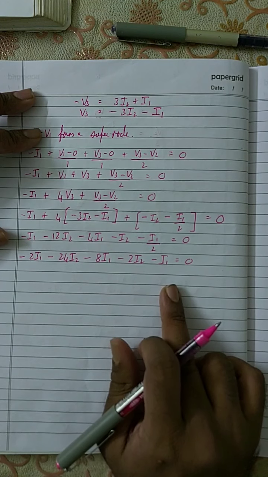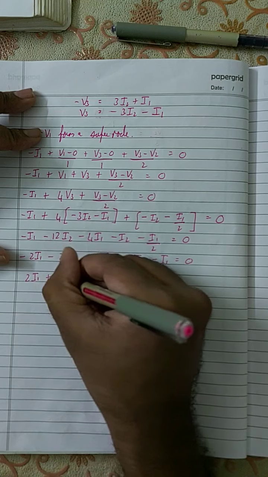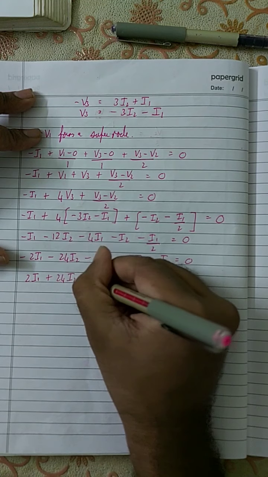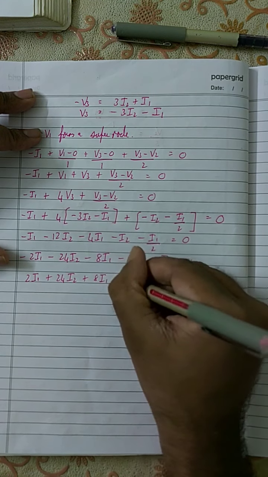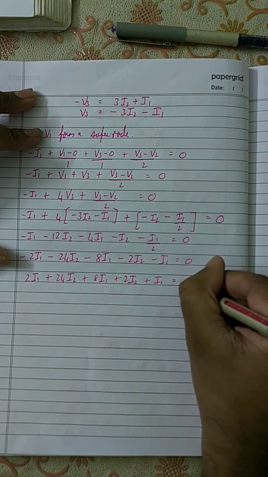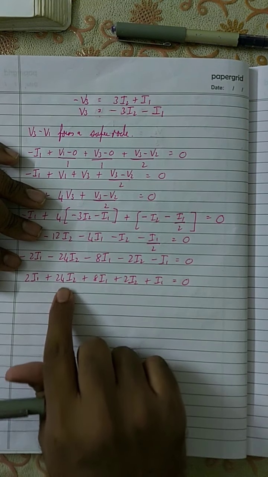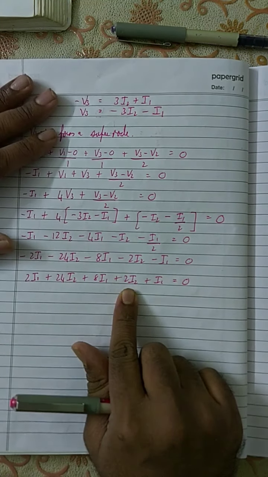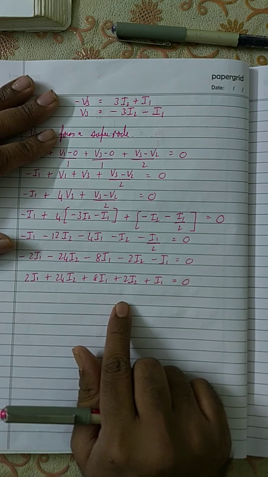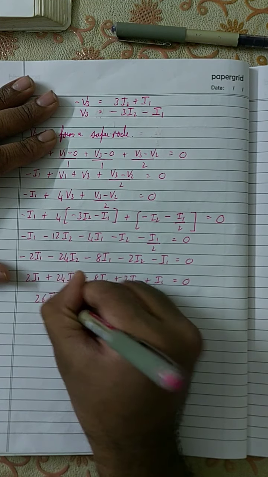Every term is minus, so I can make every term plus, right? So this will become 2I1 plus 24I2 plus 8I1 plus 2I2 plus I1 is equal to 0. That's it. So in that case, this is I2, this is also I2, there's no other I2, so 24 plus 2 is 26. Okay, so you get 26I2. And what about I1?